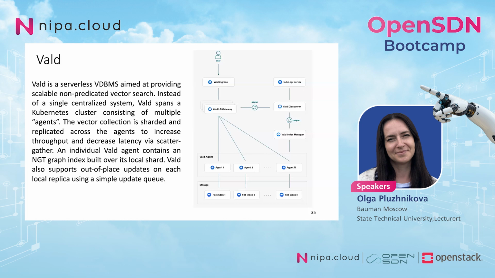The vector collections are sharded and replicated across the agents to increase throughput and decrease latency via scaling together. An individual Vald agent contains an NGT graph index built over its local shard. Vald also supports out-of-place updates on each local replica using a simple update queue.